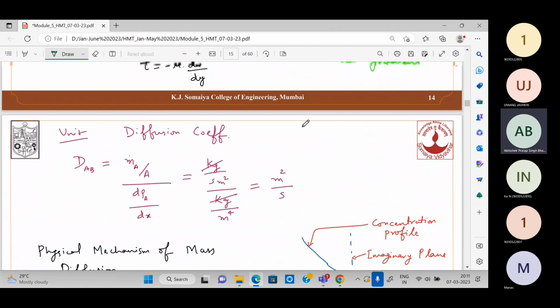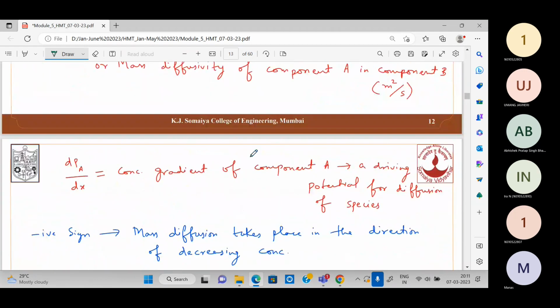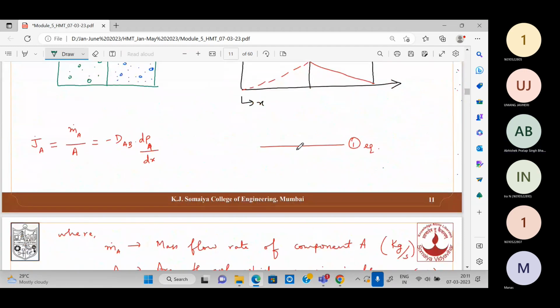So Fick's law can be expressed in terms of molar concentration Ca and molar flux capital Na. And for gases, Fick's law can be used in terms of partial pressure by using the perfect gas equation of state.